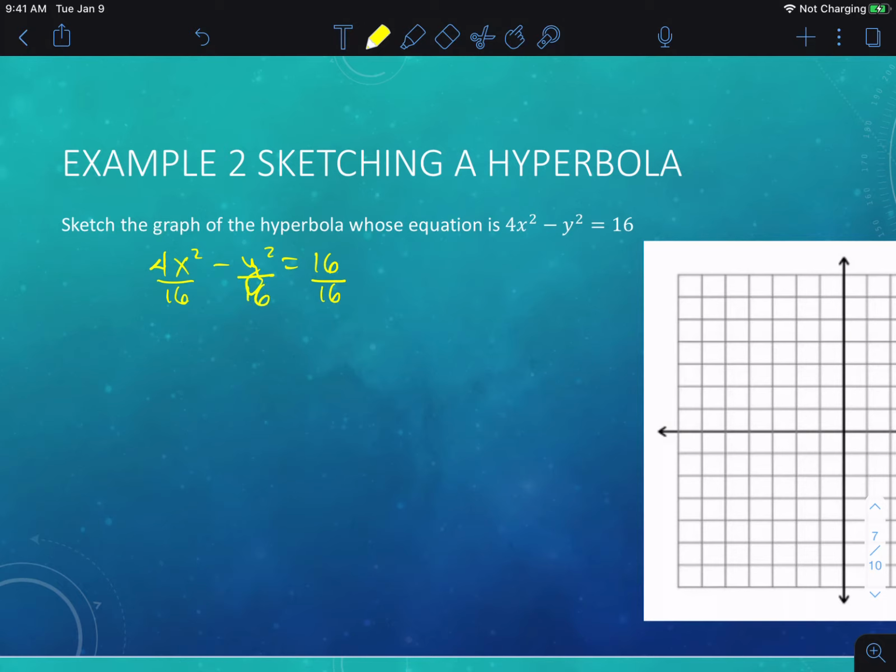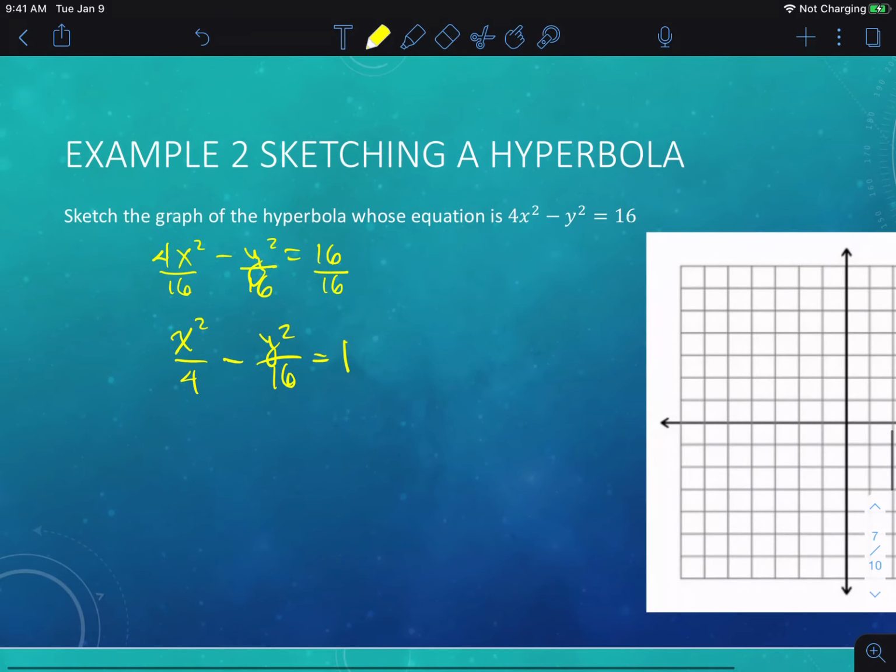4 into 16 gives me a 4 down in the denominators. That's just going to be x squared over 4 minus y squared over 16. Now conveniently we have squared terms in the denominators, and so we can write them as squared terms. x squared over 2 squared minus y squared over 4 squared.